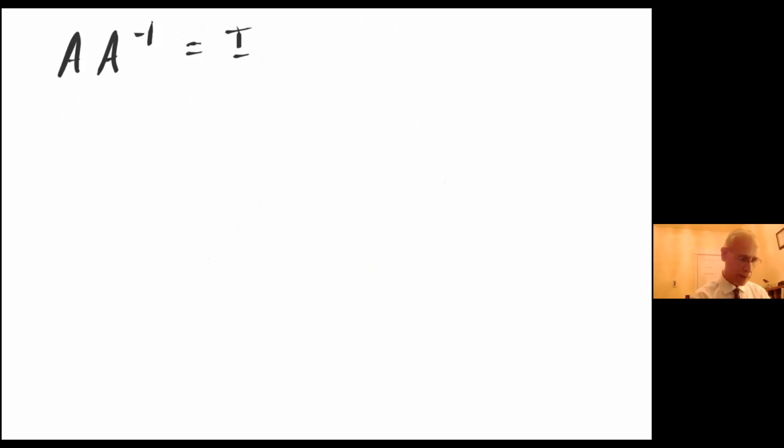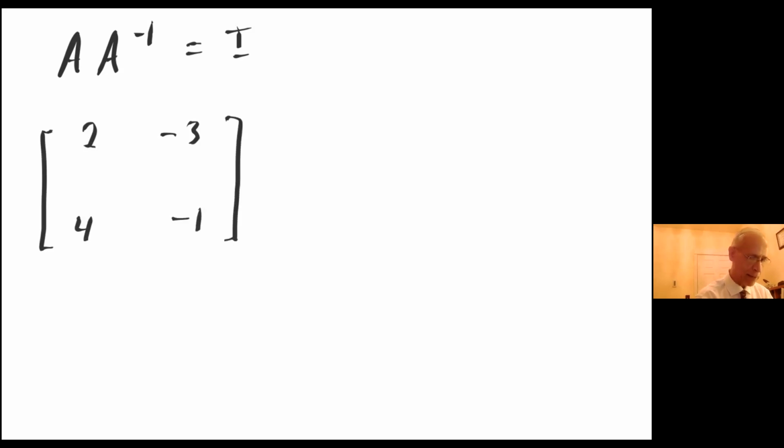So the matrix A is 2, -3, 4, -1 times the A inverse that we found: -1/10, 3/10, -2/5, and 1/5.